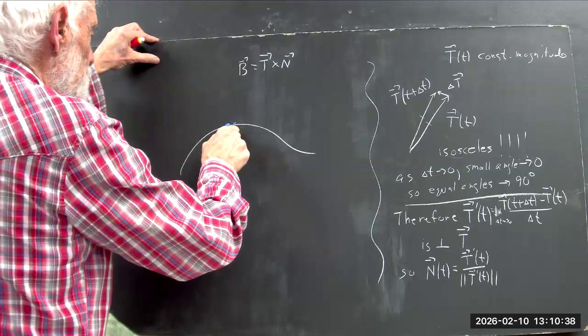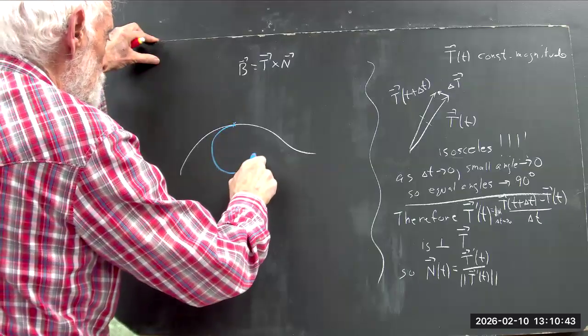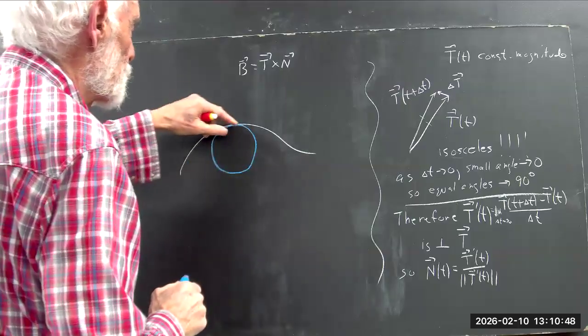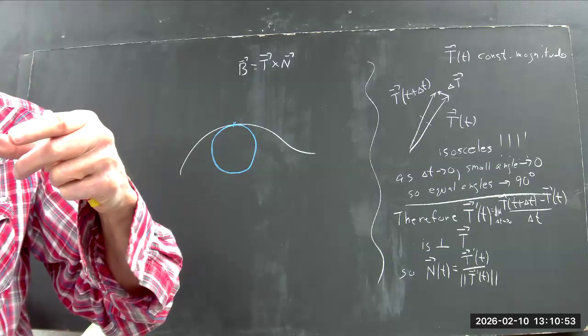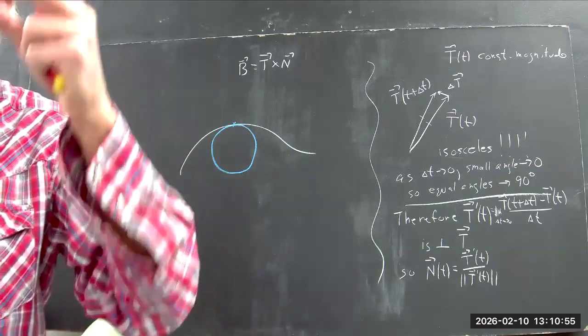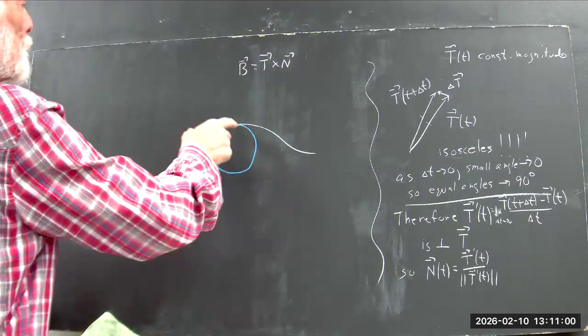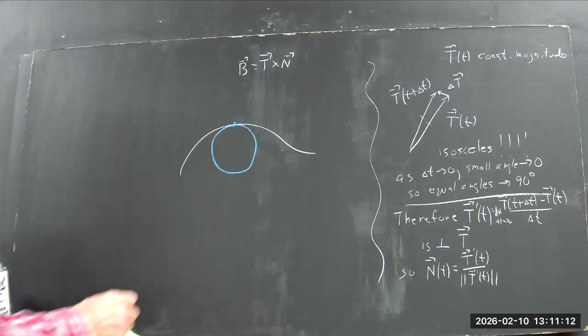And the circle is sized so that it stays with the curve for a little while, so that the circle is a good approximation to the curve for some distance on either side of that point. So this circle is kissing this curve. It's called the osculating circle. Osculation is kissing. The kissing circle, osculating circle.